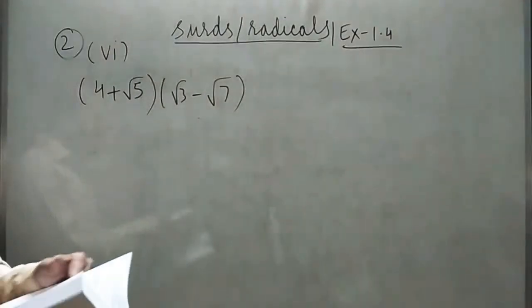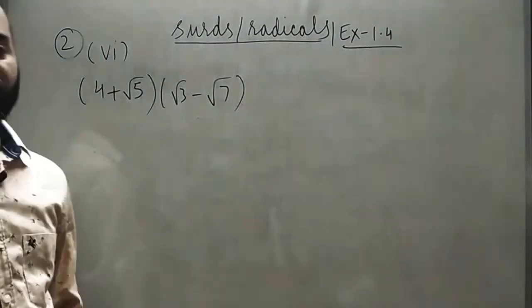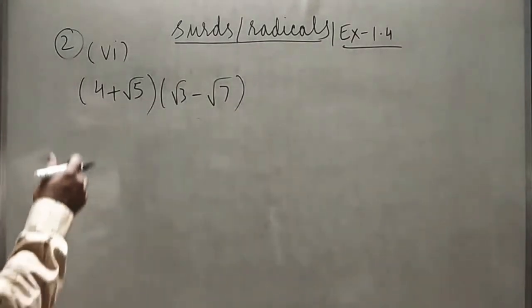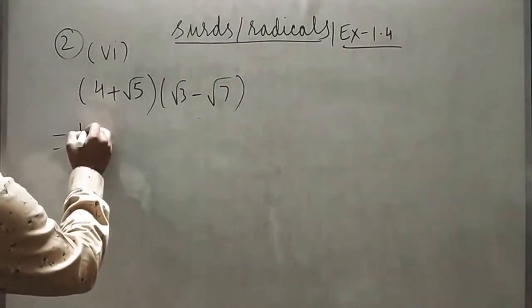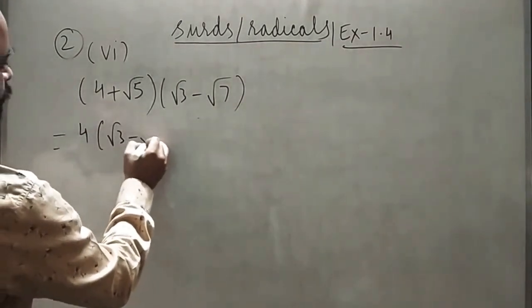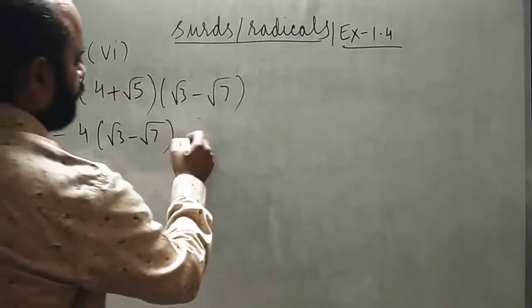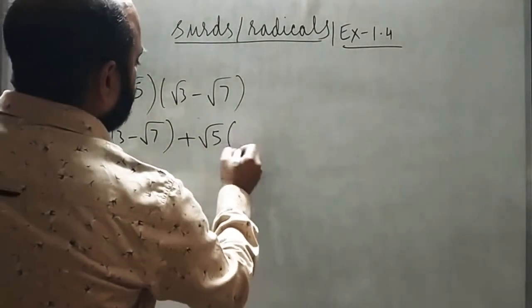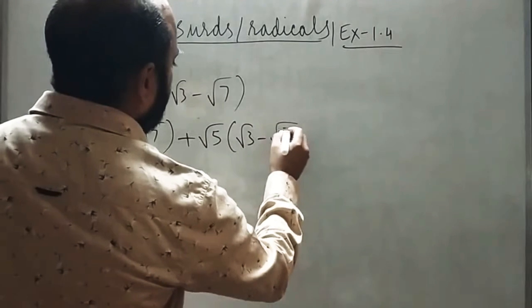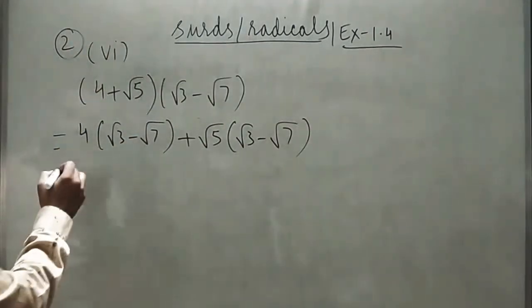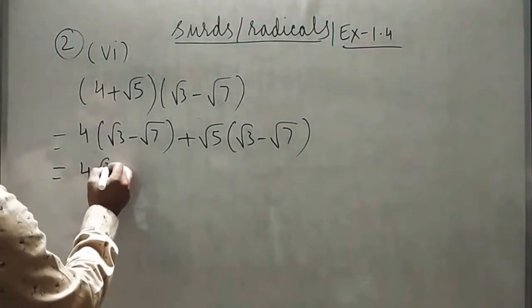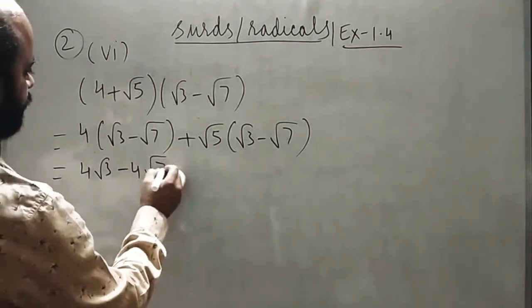So here what is the problem? We cannot apply any identity. We have to multiply. So first multiply 4 to the second bracket, then multiply plus root 5 to the second bracket. Clear? So this will become 4 root 3 minus 4 root 7.